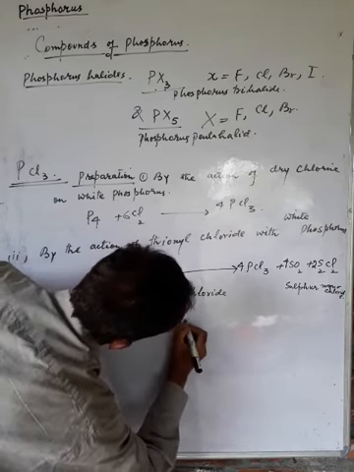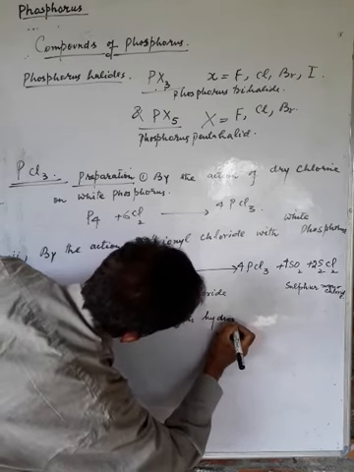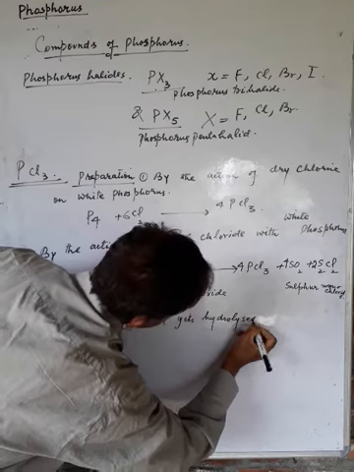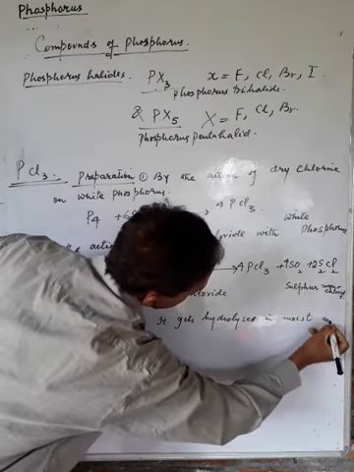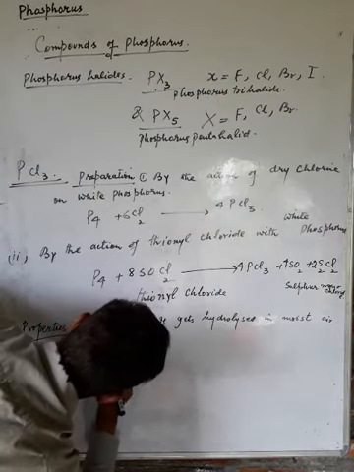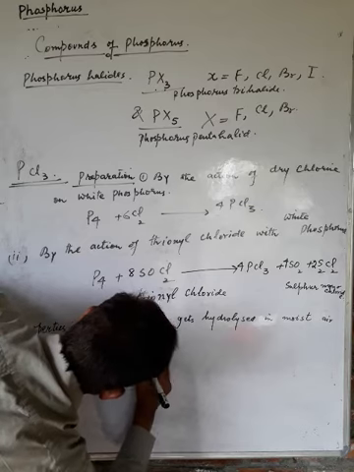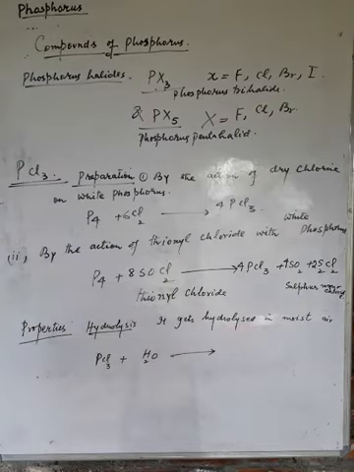So PCl3 plus water: when PCl3 reacts with water, it forms H3PO3 and HCl.